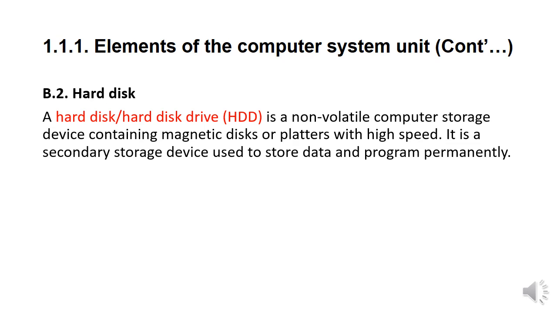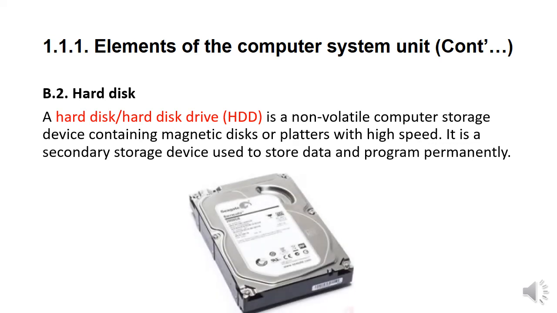It is called non-volatile computer storage because information is permanently stored on it, and even if the computer is switched off, it cannot lose information stored on a hard disk. So this is the figure of a hard disk. We will discuss the components of the hard disk in the following lessons.